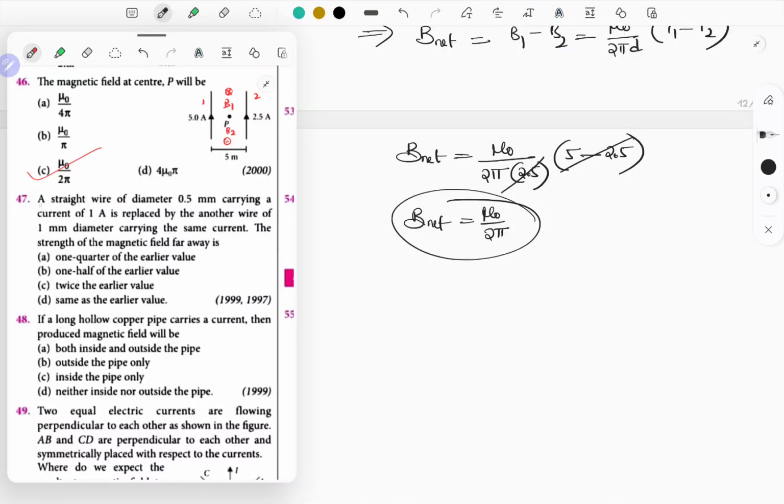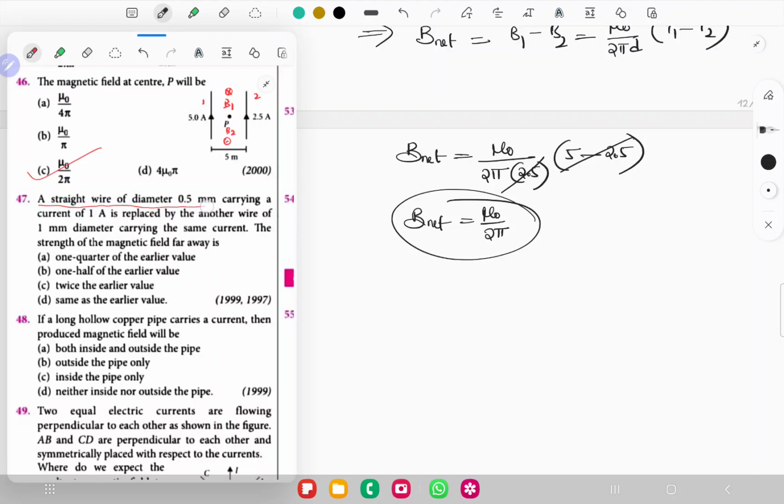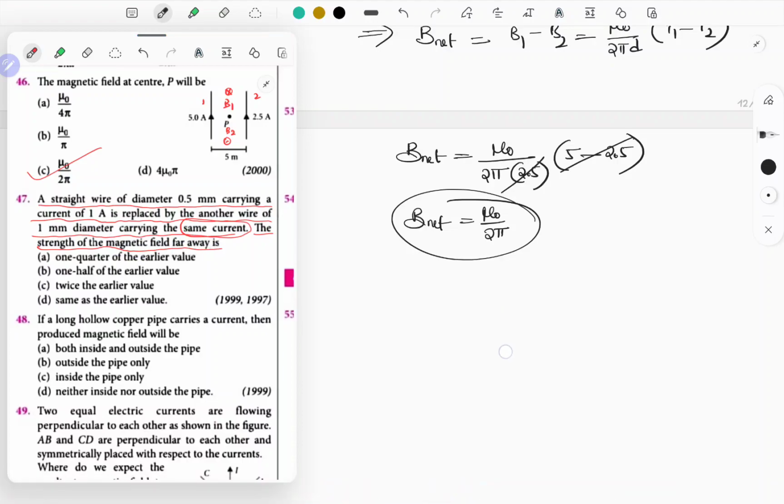Let's solve question number 47. A straight wire of diameter 0.5 mm carrying a current of 1 ampere is replaced by another wire of 1 mm diameter carrying the same current. Underline this point. The strength of magnetic field far away is. What's the general formula for magnetic field due to a straight wire?